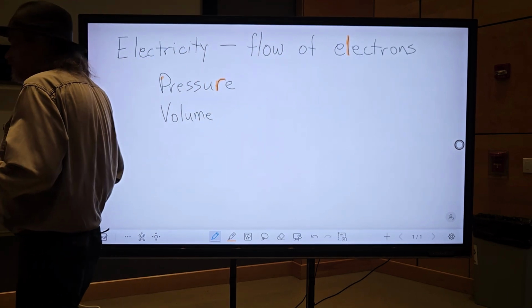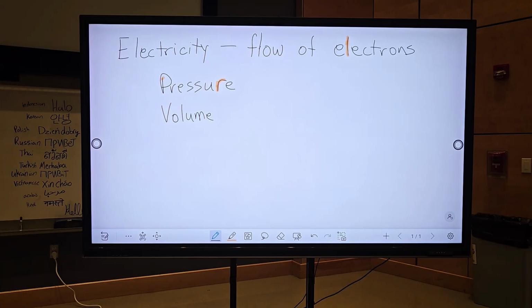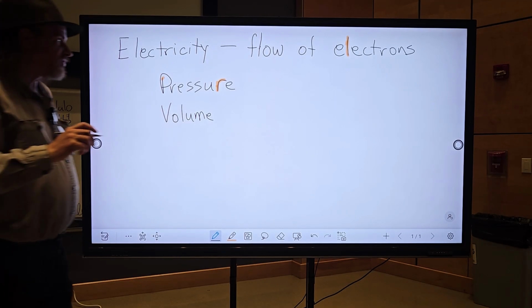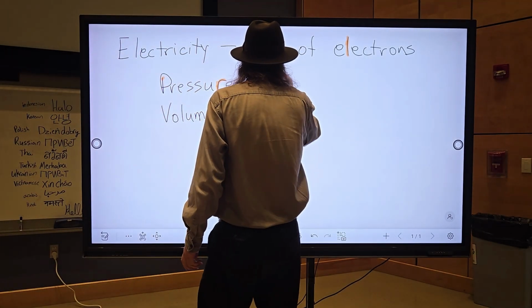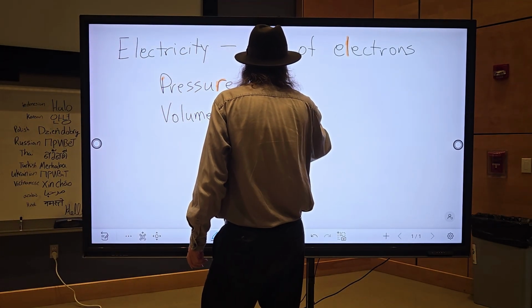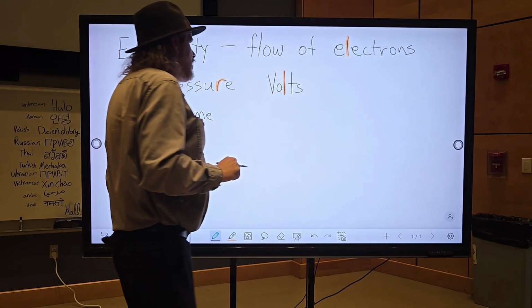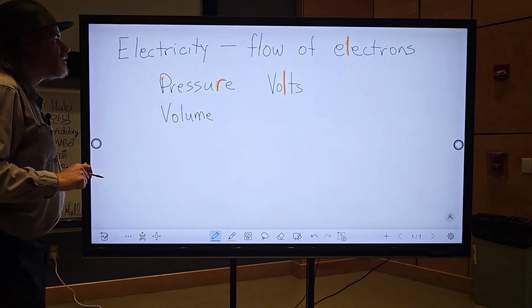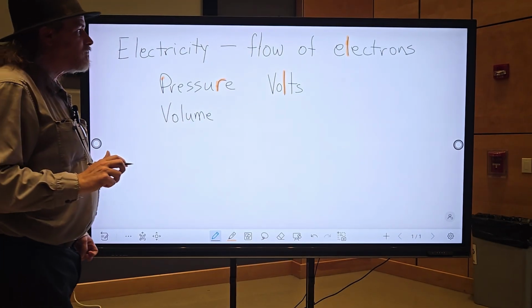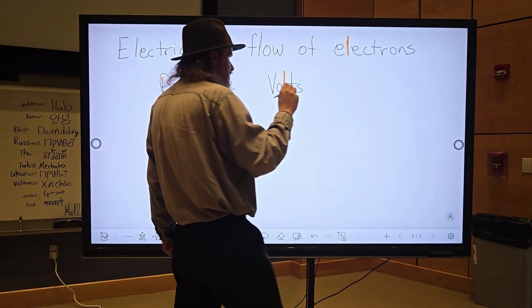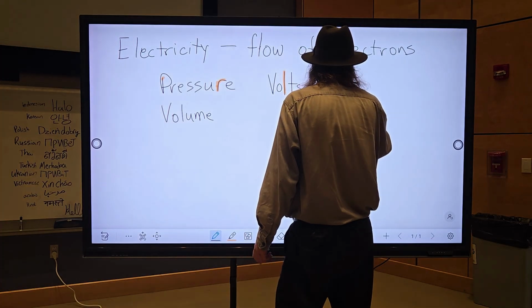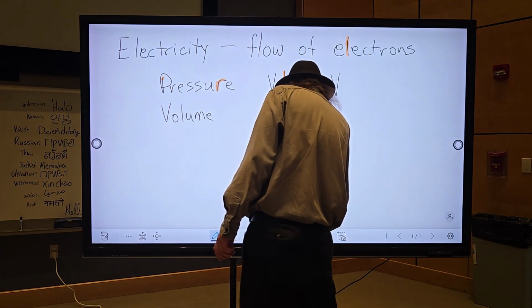Now, the pressure that an electrical charge has is measured in volts. That is a measure of potential difference, which is sometimes what it's called.